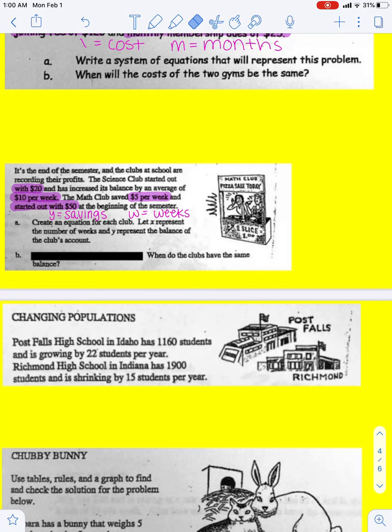So I'm going to say that Y is equal to $10 times the number of weeks plus that 20 that they started out with. For the math club, their equation, I'm going to say that Y is equal to $5 times the number of weeks plus the $50 that they had to start out with.